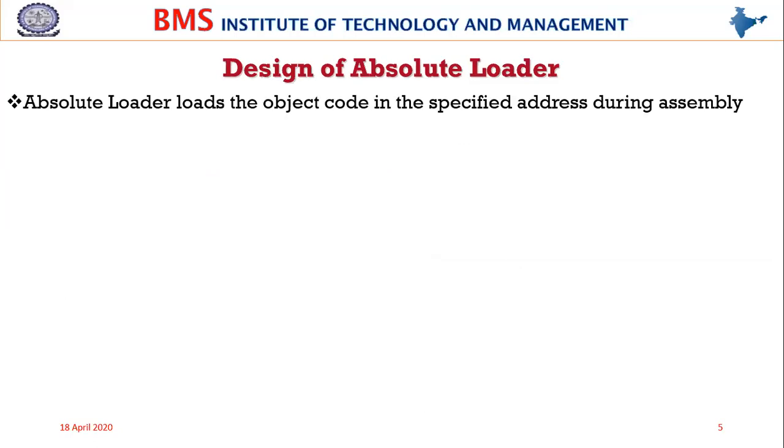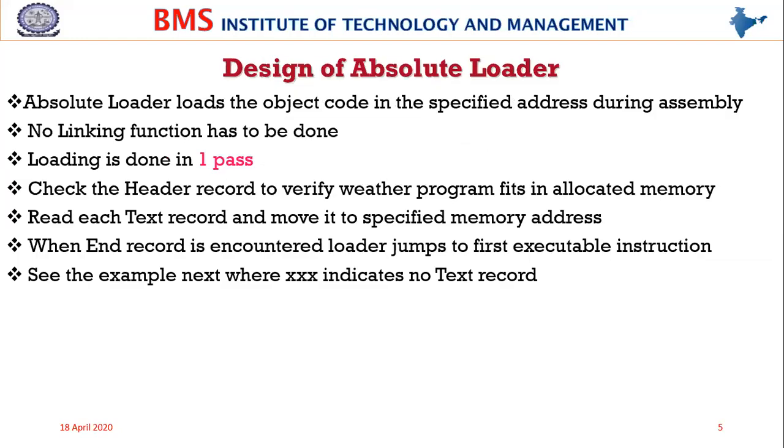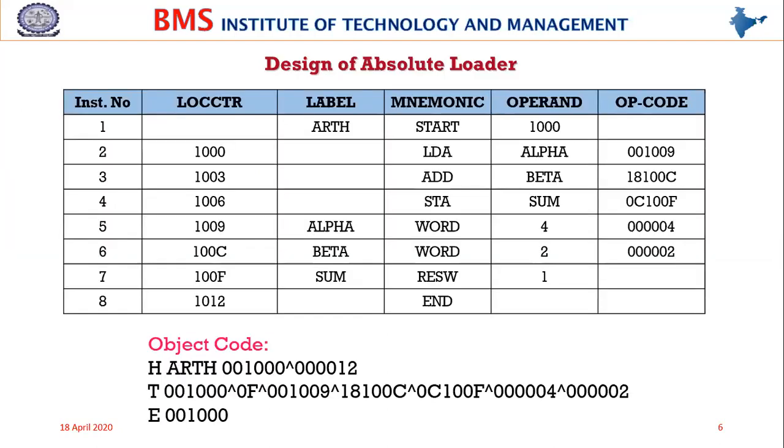Right. So we have seen the design of the absolute loader, which does the absolute loading in one pass. The entire loading will happen in one pass. The reason is that it's an absolute loader, wherein the address is pre-specified while writing the program itself. After the assembly, the object code is supposed to be placed at the same address, so there won't be any relocation happening.